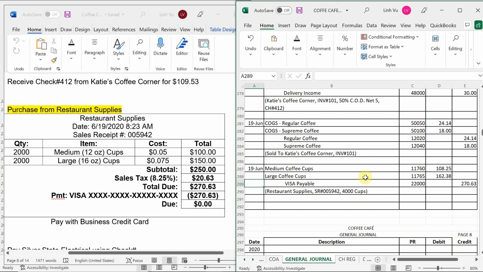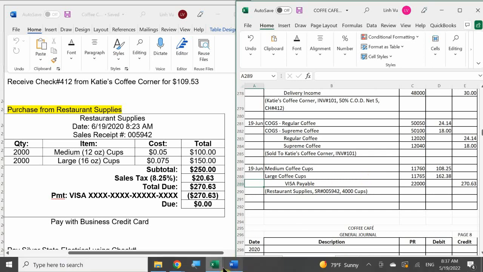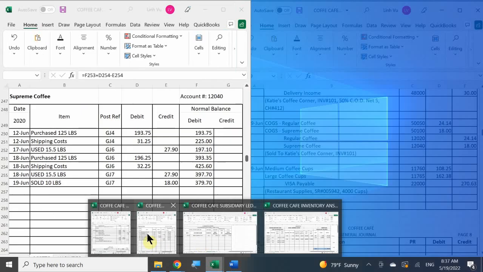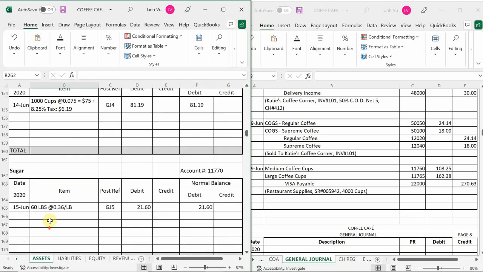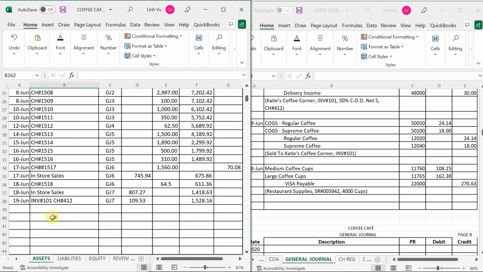I need to update my ledger accounts, right? Because I just spent more money on my credit card. Okay, so I got to go to my ledger. I just purchased some coffee cups, so I have to update my coffee cups.